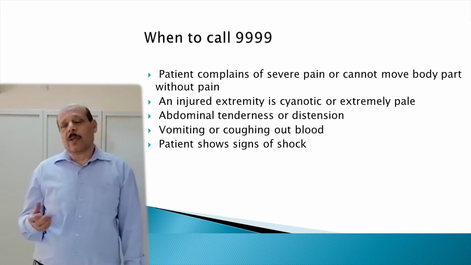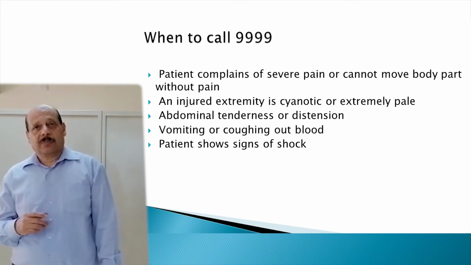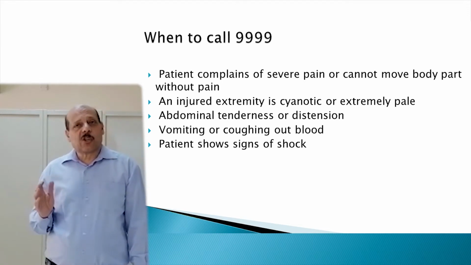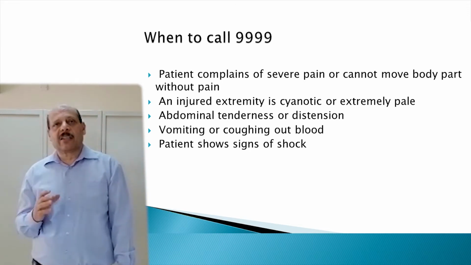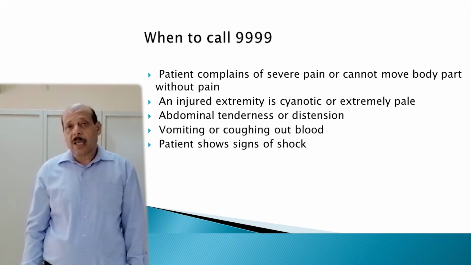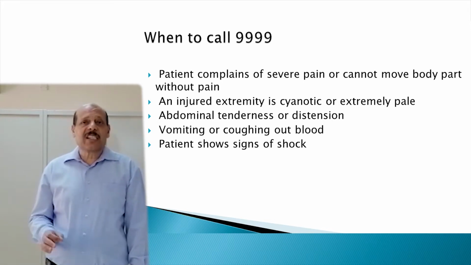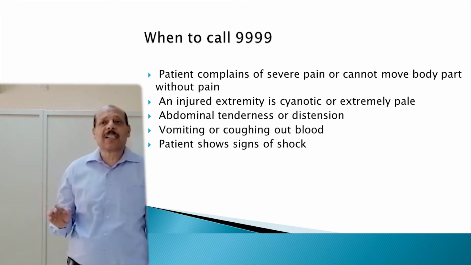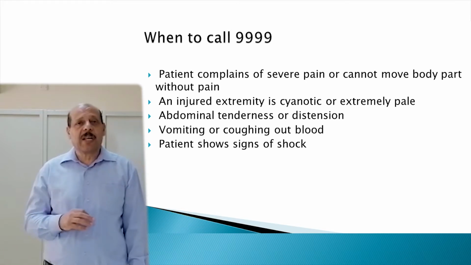When do we call 999? We have to call 999 when the patient is complaining of severe pain and cannot move a body part without having pain. When the injured person is extremely cyanotic or extremely pale.